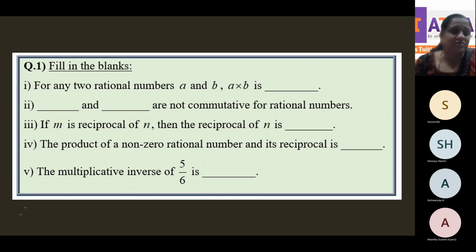When it is the negative of a rational number, say 2 by 3, which is positive 2 by 3, you write the rational number as it is and just change the sign.